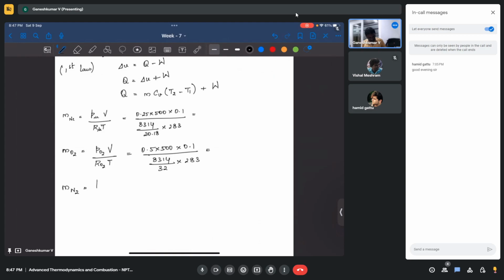Nitrogen is going to be divided by R of N, and it's going to be 0.25. Nitrogen is 28. The other masses are coming.